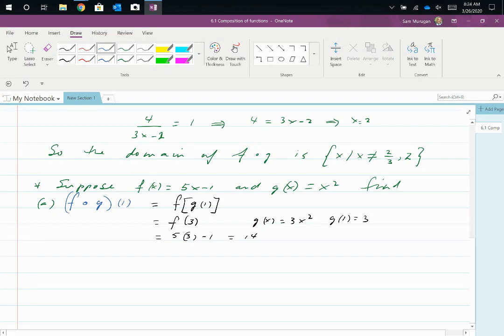We may also be asked to find the g function substituted with f, let's say with 1 also. If we follow the process here, this is the g function substituted with the f function.